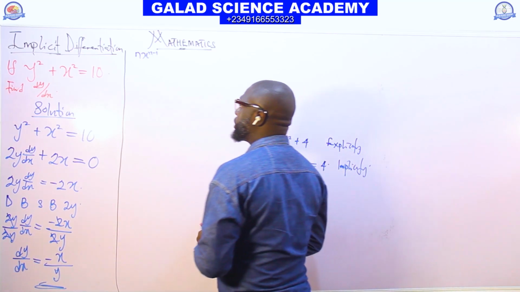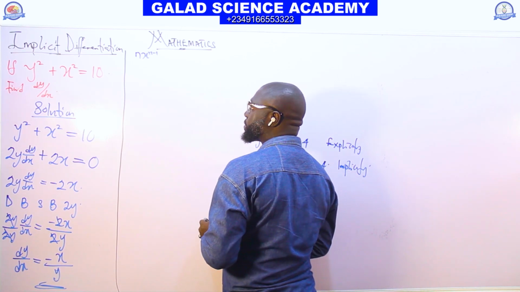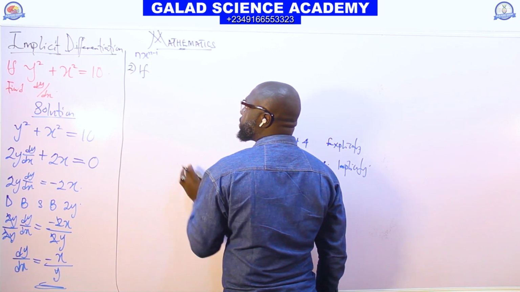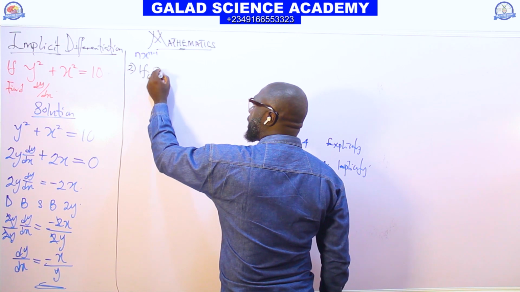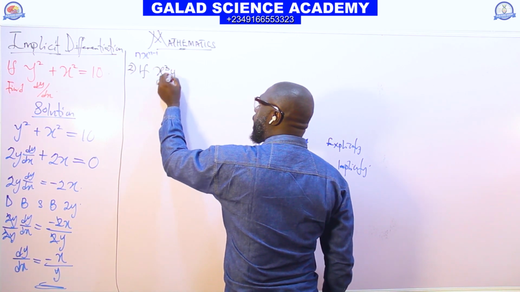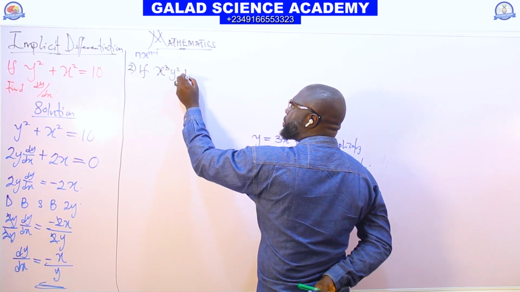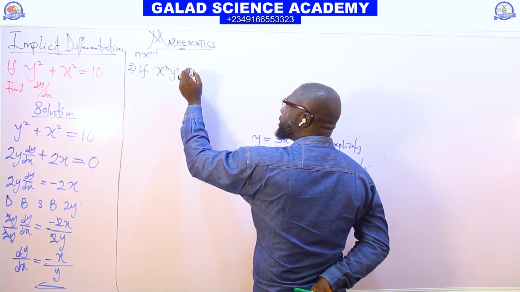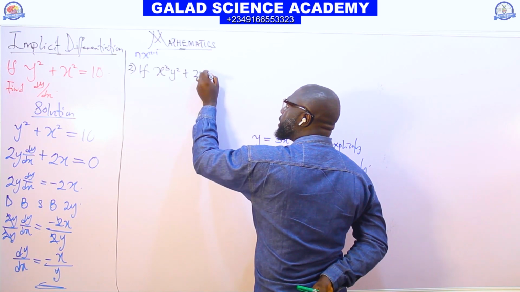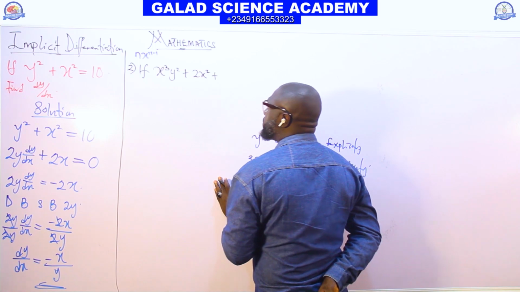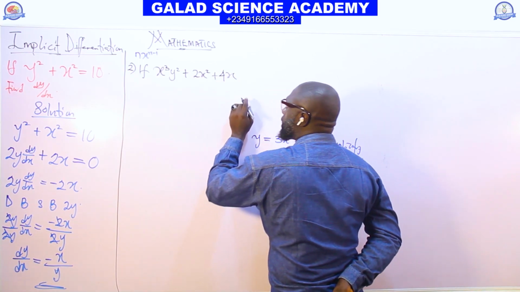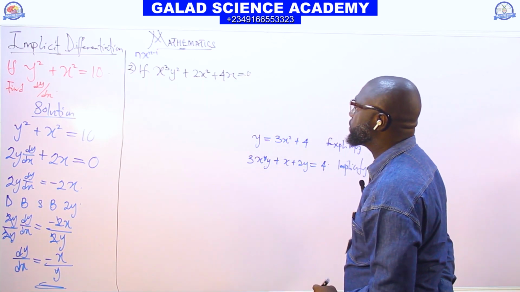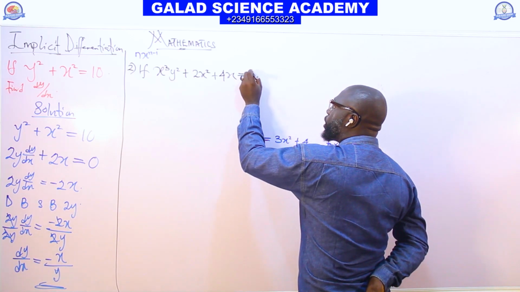Let us check another question. Question number 2: if x cubed plus y squared plus 2x squared plus 4x equals 2.